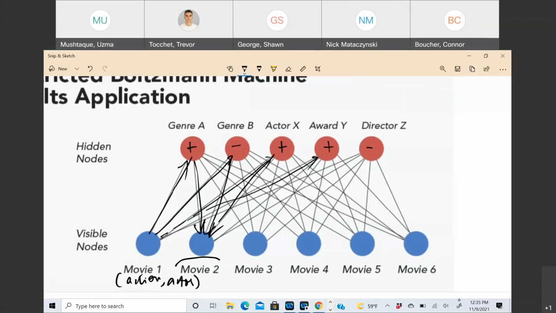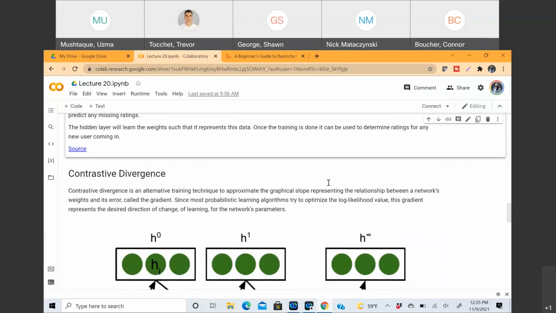And so based on the properties of this movie from what my network already learned, I will know that yes, this movie belongs to this genre, and yes, this movie has this actor, and yes, this movie has this award. So maybe I should recommend it, right? So I reconstructed this node by getting the inputs from all the hidden nodes, right? So that's exactly what happens in this contrastive divergence.